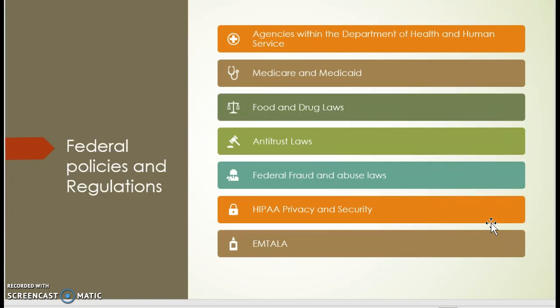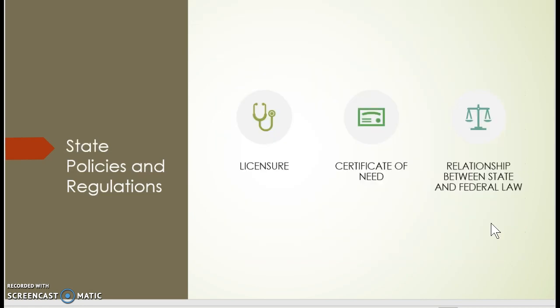It has to do with Medicare and Medicaid, our Food and Drug or FDA laws, our antitrust laws, federal fraud and abuse laws. I put a little article in one of the announcements this week about a physician who was accused of fraud. HIPAA, privacy and security, and our EMTALA laws.